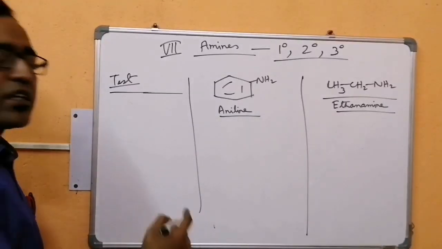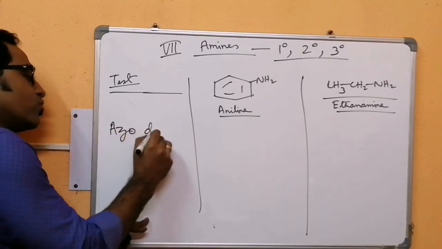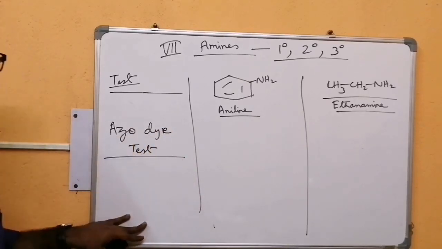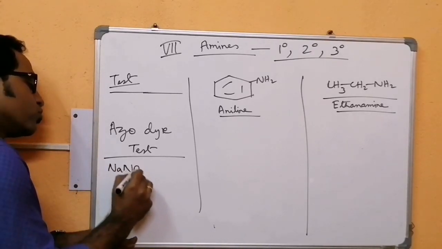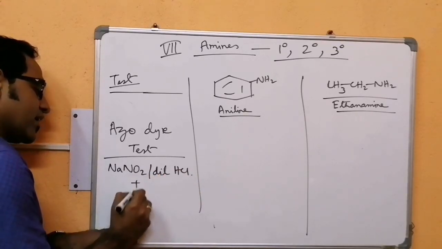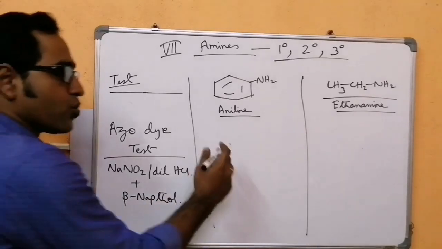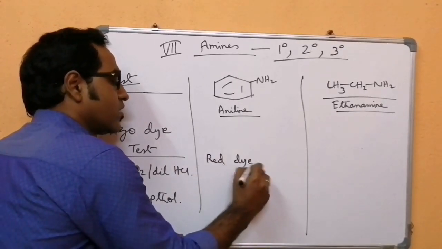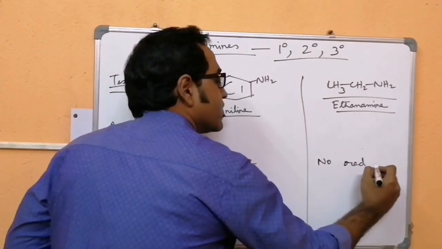Now in this case we will do the azo dye test. Now in the azo dye test, what reagent we will add? The first reagent is NaNO2 with dilute HCl plus beta naphthol. So what you will observe? Here you will observe red dye. No red dye.